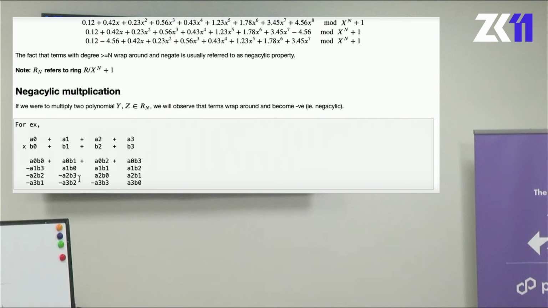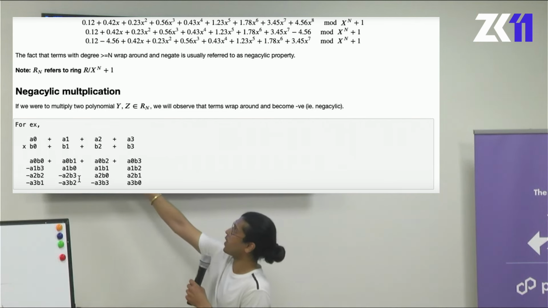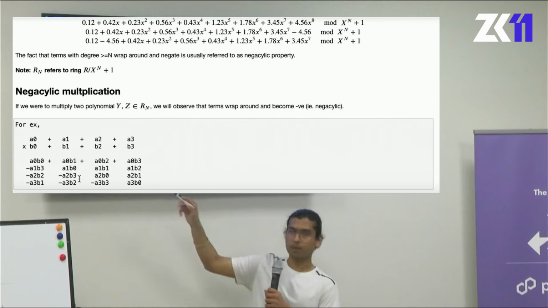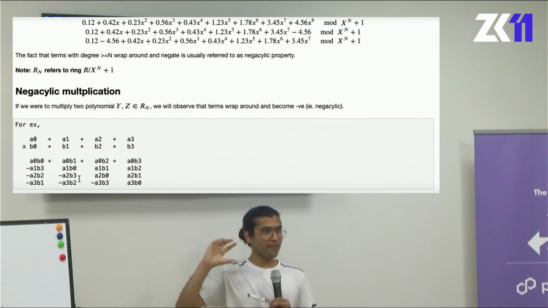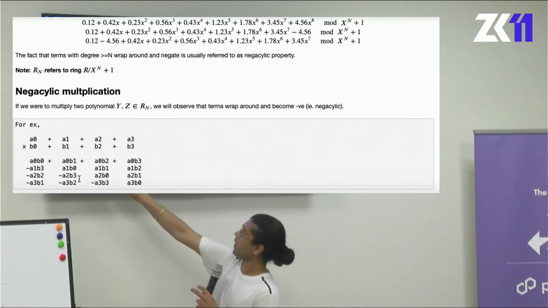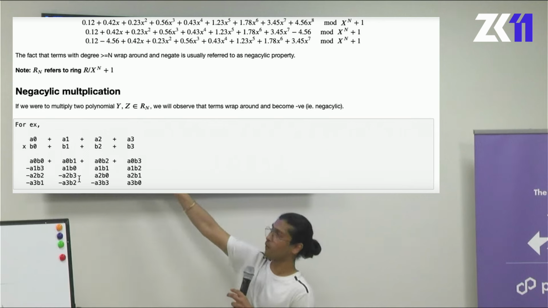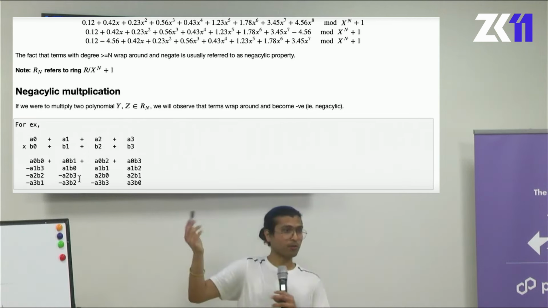So when you multiply two polynomials in this ring, let's say this is a polynomial with coefficients a0, a1, a2, a3, multiplying it with b0, b1, b2, b3, the coefficients would wrap around. A multiplication of x^0 with x^3 would be x^3.